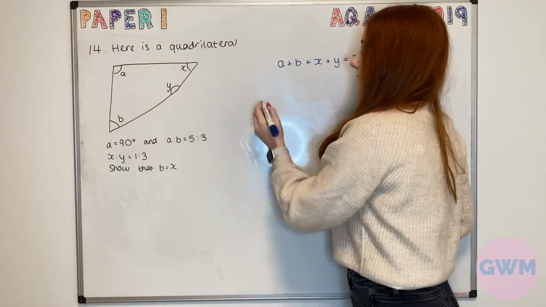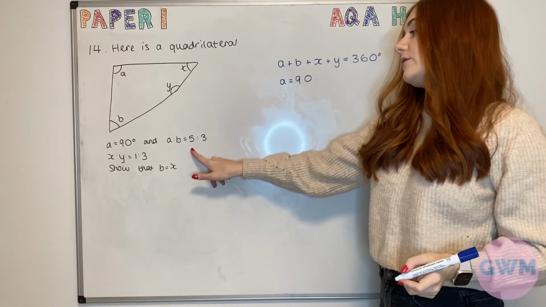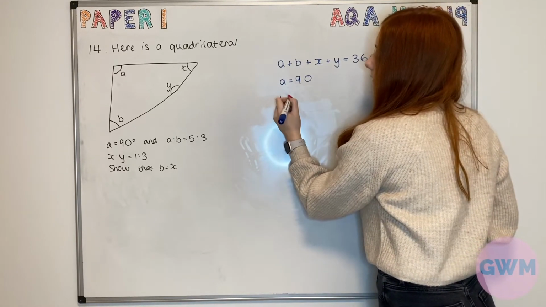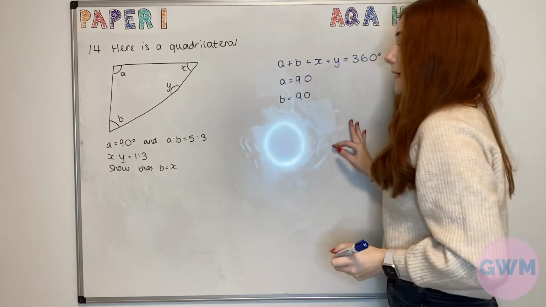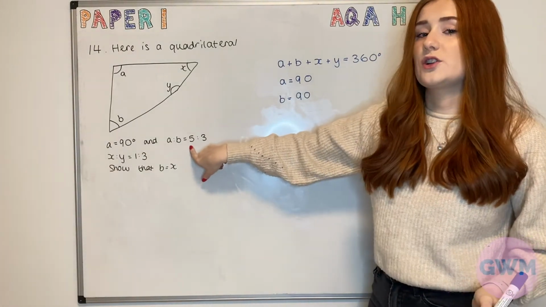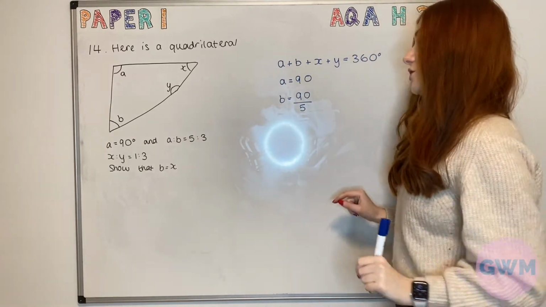So these two bits of information here, we know that A is 90 and that the ratio of A to B is 5 to 3. Okay, that means we can work out B. If we know A is 90 and we know A takes up 5 portions of this ratio, we divide it by 5 and that gives us what 1 portion in this ratio would be.